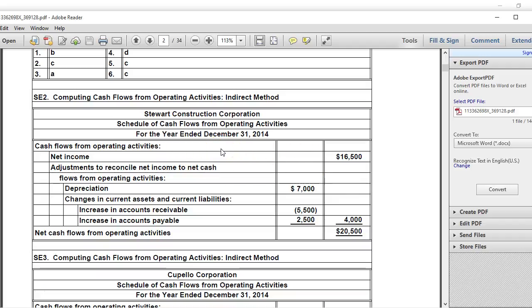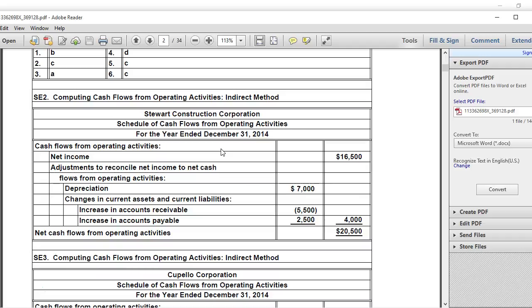Now, think about this. When we increase our accounts receivable, we went from a smaller amount at the beginning of the year, and then at the end of the year, our account grew. That accounts receivable is shown as sales, isn't it? It's shown as sales, but it's money we haven't received yet, is it? So when our accounts receivable increases, then the increase in the accounts receivable shows greater sales, but we haven't gotten them yet.